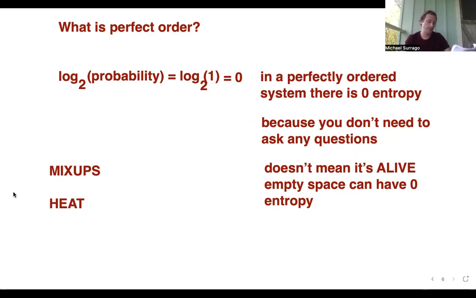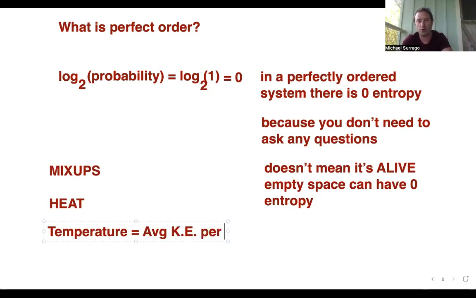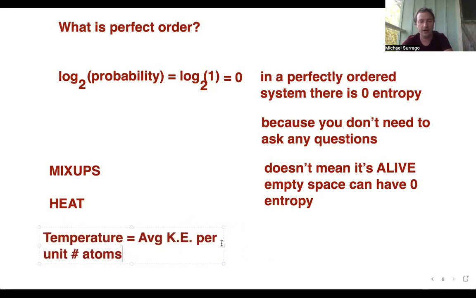So, you know, the temperature as a measure scientifically, it's equal to the average kinetic energy per unit number of atoms. And everything, of course, in chemistry is in terms of these things called moles.